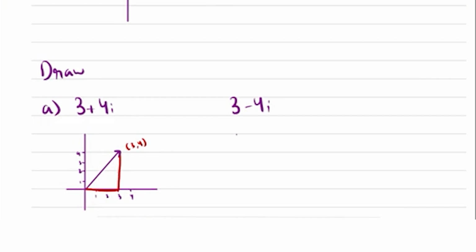Then it says 3 and minus 4. So it's 1, 2, 3, 4. 1, minus 1, minus 2, minus 3, minus 4. So 3 minus 4 iota will lie here. 3 on x-axis and minus 4 on y-axis.